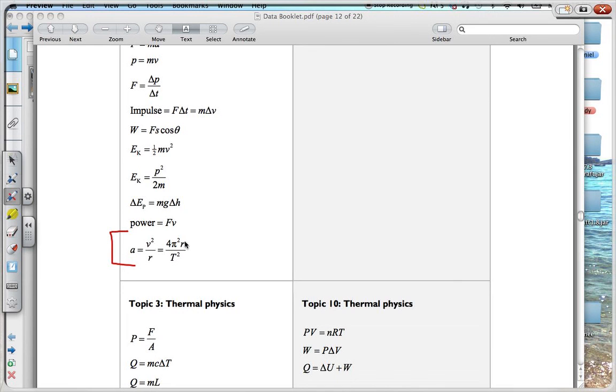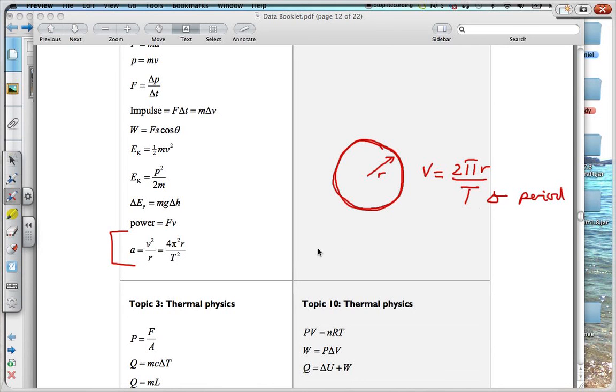If you're going in circular motion, excuse the circles, of a radius r, then we can write the velocity as equal to 2 pi r, which is the circumference all the way around, divided by the time to go one complete circumference, which we call T, the period. So it's the time taken for the complete period.